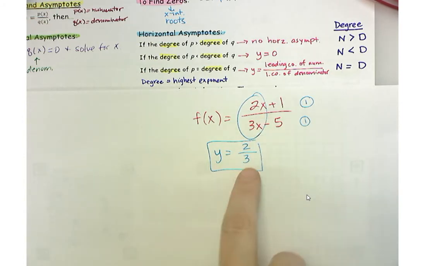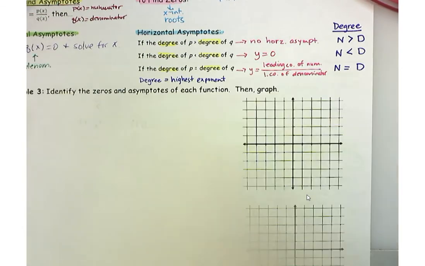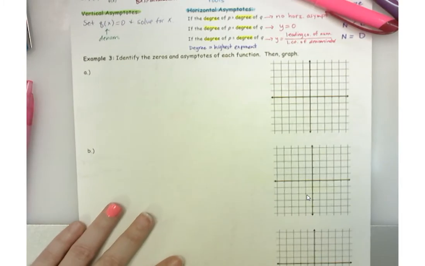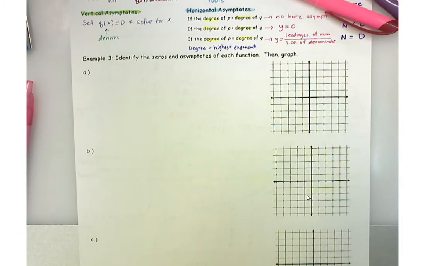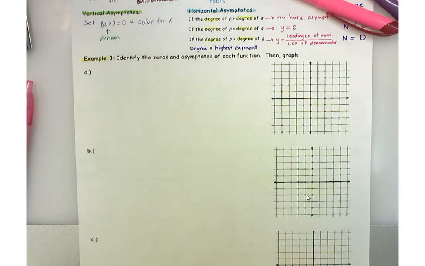For the first one, we have f of x equals x squared minus 3x minus 4, that's divided by x. B is f of x equals x minus 2 over x squared minus 1.